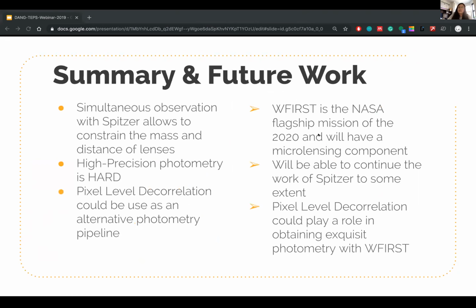Since this is also an infrared space-based telescope, we expect that WFIRST will share a lot of the same detector and instrumental noise as Spitzer, so this method could also be applied to WFIRST and help in obtaining exquisite photometry. If there are any questions, I am ready to take them.